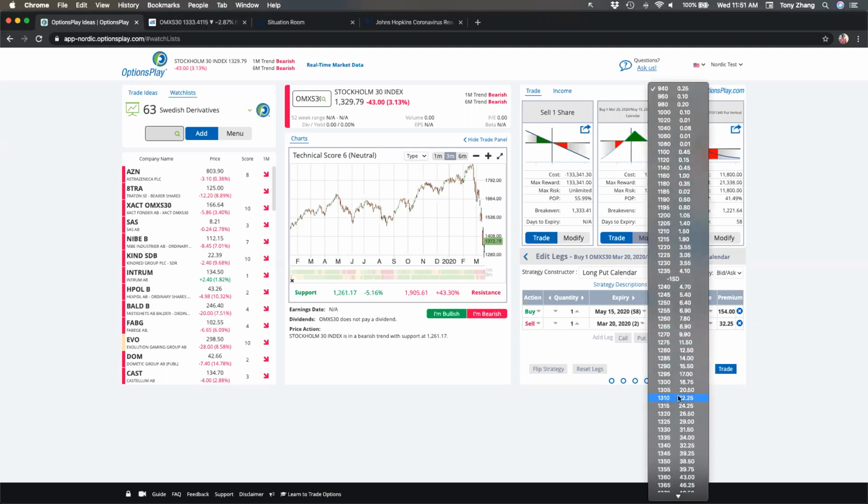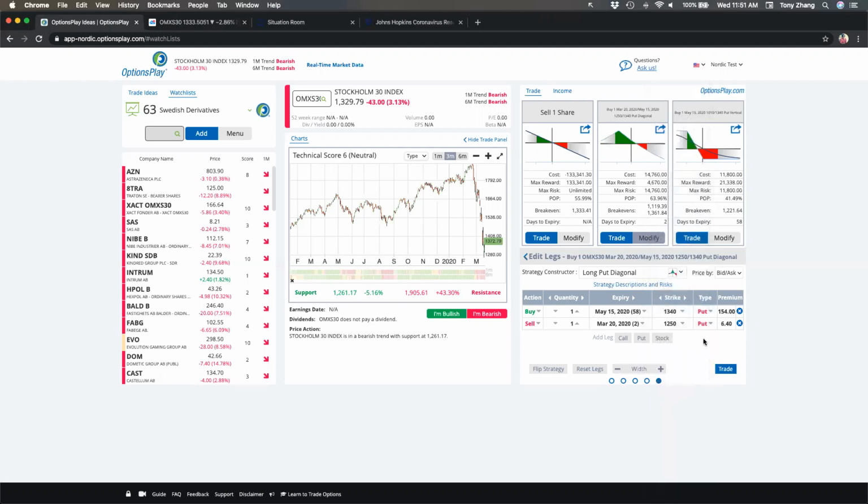So what that means is, I said that 1250 is a major support level here. So what I can do is say, well, what if between now and March 27th, a week and a half from now, I think that the market is going to go lower, but I don't think it's going to go below 1250.